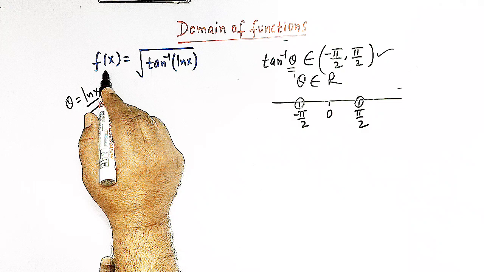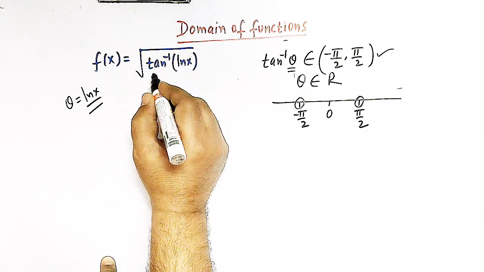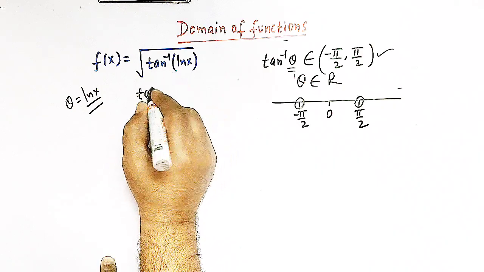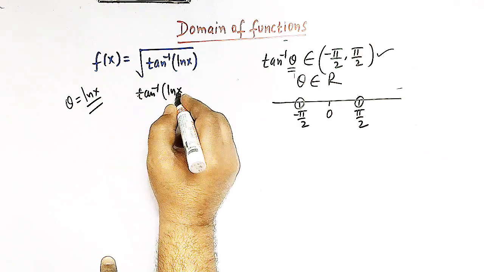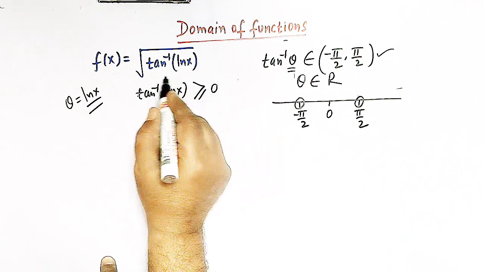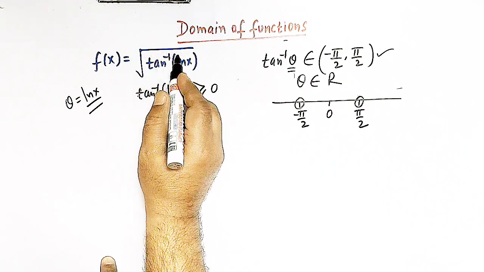Now let us come to our function. Here we have the square root function, so the first condition is that tan inverse of natural log of x should be greater than or equal to 0, because this quantity has to be non-negative under the square root sign.